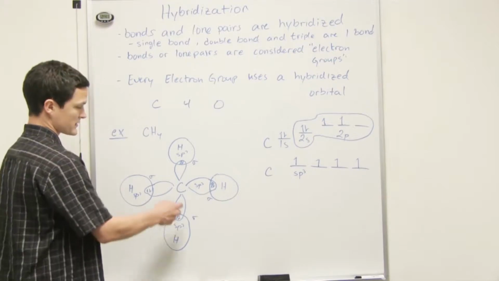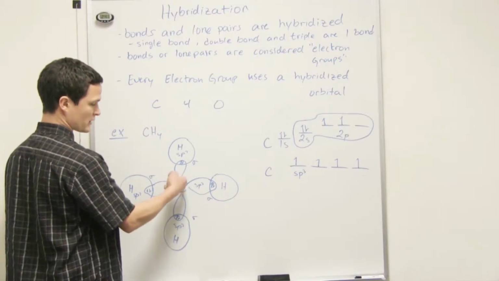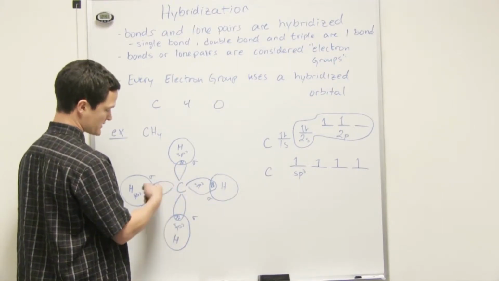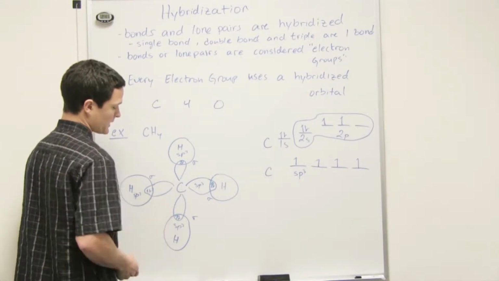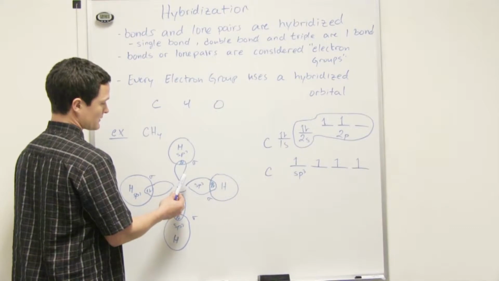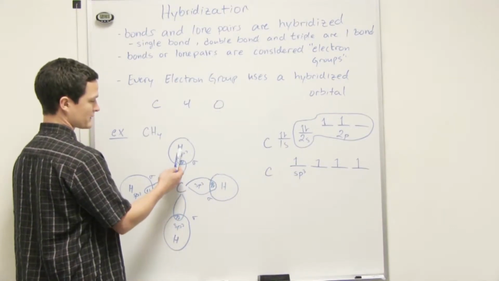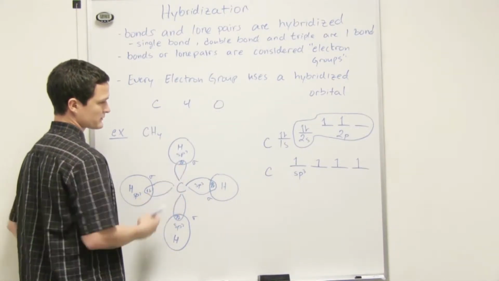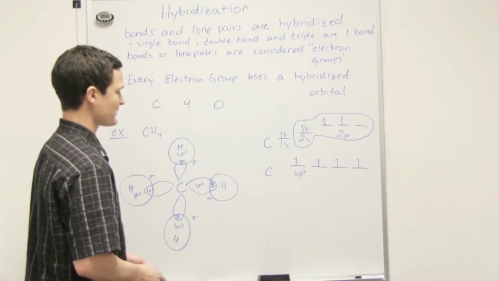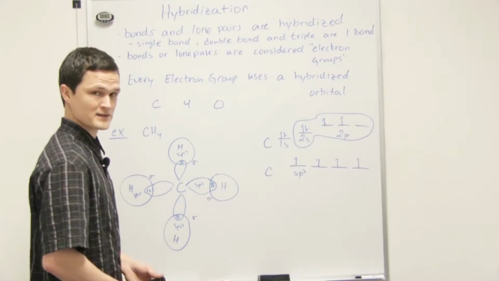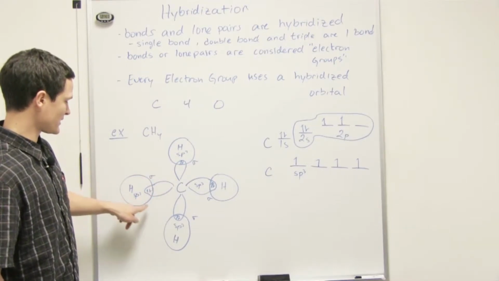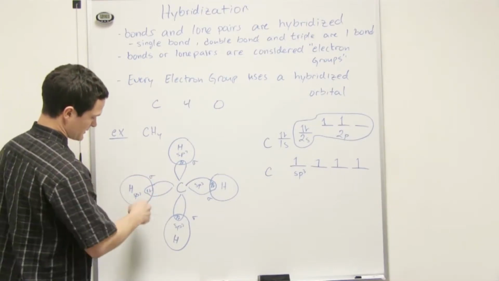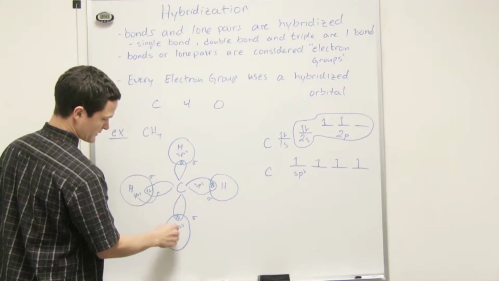So we draw our central carbon atom and we draw 4 tetrahedrally shaped sp3 orbitals. And we know that the hydrogen itself is pretty much only going to have sigma bonds, and it's going to have s orbitals. So the sp3 orbitals that I have drawn here really should be pointing in here.